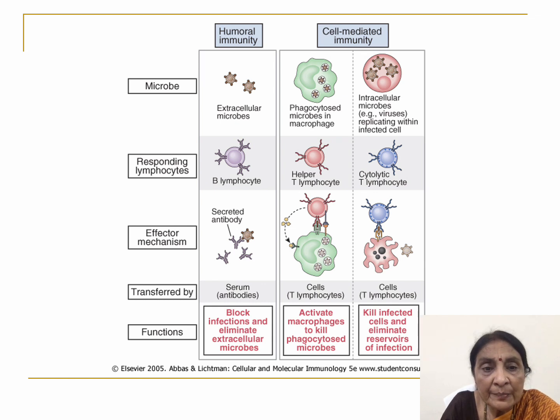Now you see the cell-mediated immunity. Phagocytosed microbes in the macrophages are presented to T helper cells. The T helper cells adhere to this macrophage, and the activated macrophage kills the phagocytosed microbes.